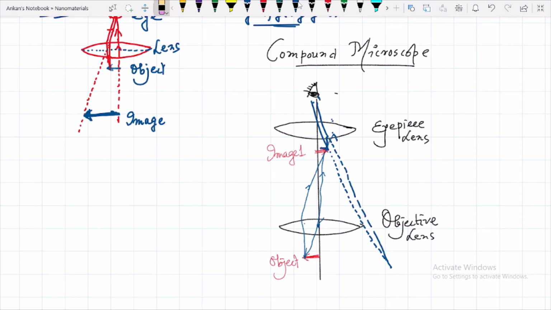So light rays will go from the objective lens and form image 1, and the light rays coming from the eyepiece lens will correspond to a virtual inverted image of the object on this side. Here the enlarged, inverted, virtual image will be formed. This is image 2.